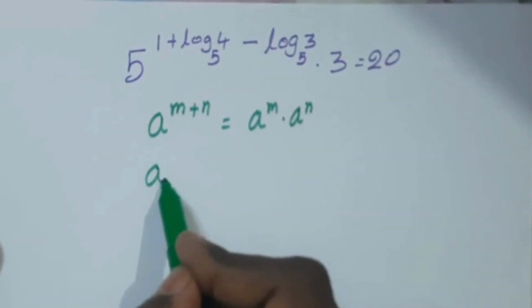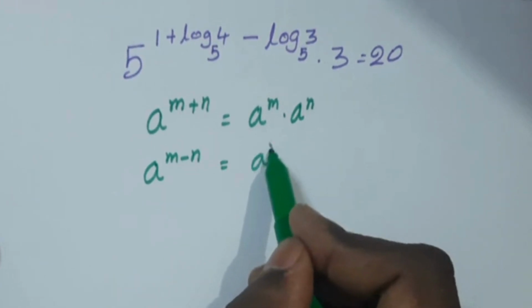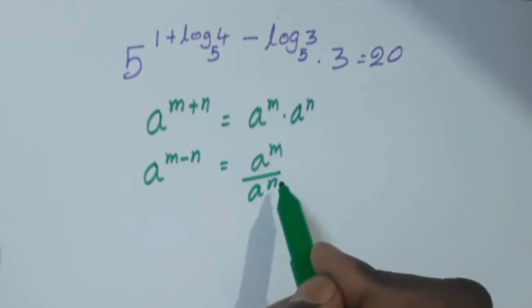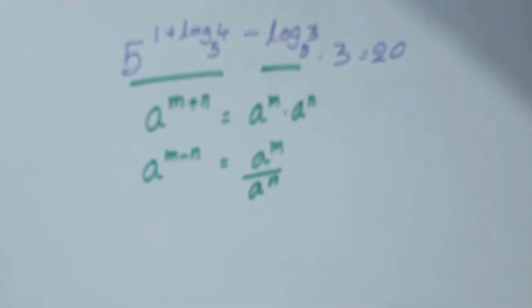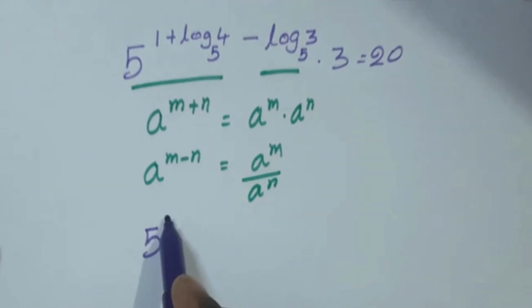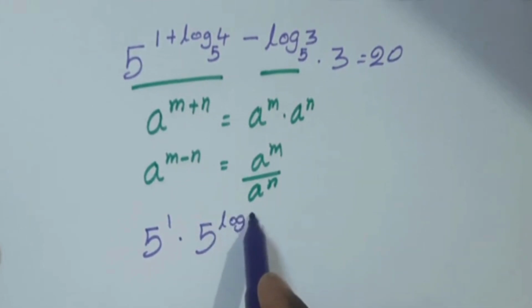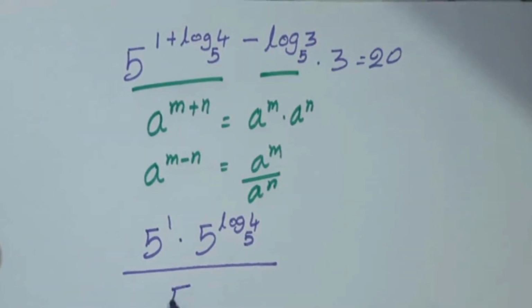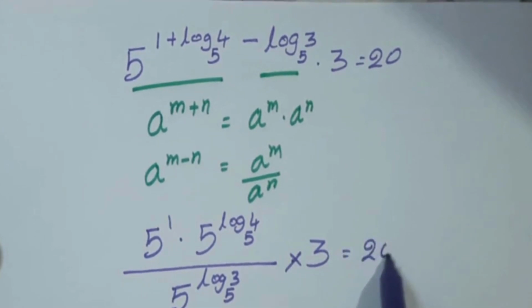Same way, a power m minus n equal to a power m by a power n. We are going to introduce this formula here and here. 5 to the power of 1 into 5 to the power of log 4 base 5 by 5 to the power of log 3 base 5 into 3 equal to 20.